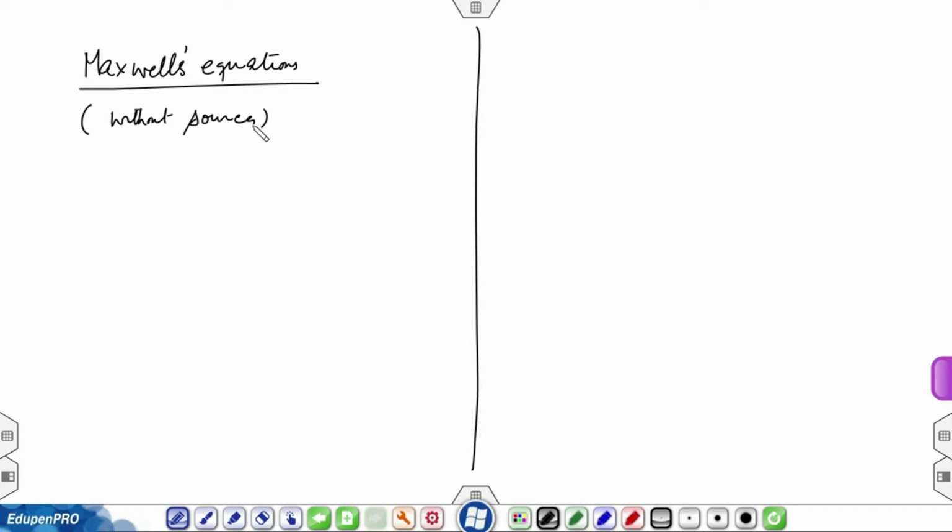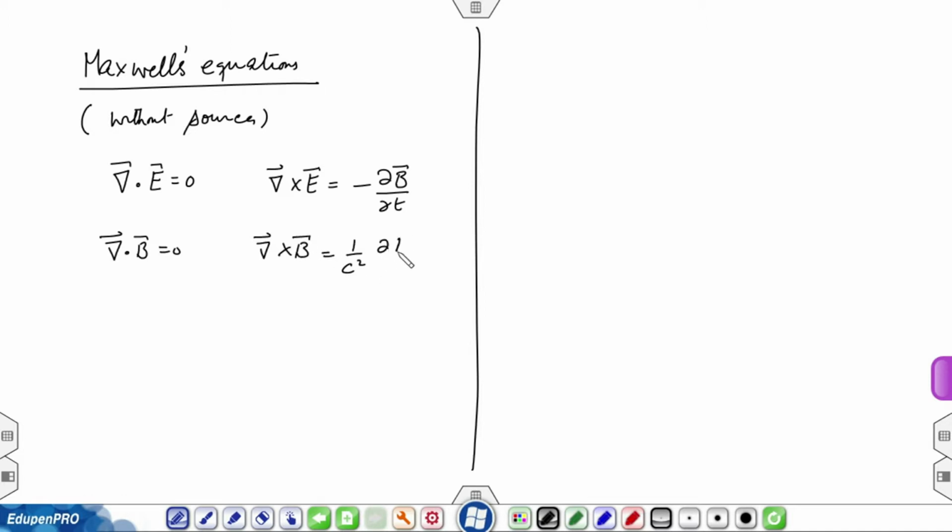So, these fields have been created, satisfy certain boundary conditions, and in vacuum they are going to satisfy divergence of E equals 0, curl of E equals minus dB dt, divergence of B equals 0, and curl of B equals 1 over c square dE dt. These equations combine together to give you the wave equation.